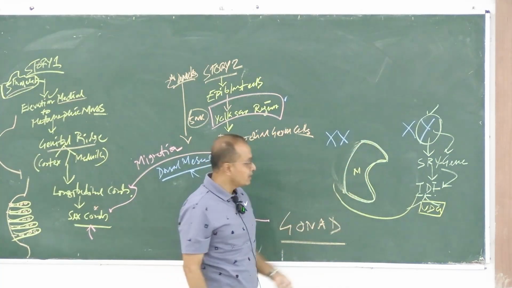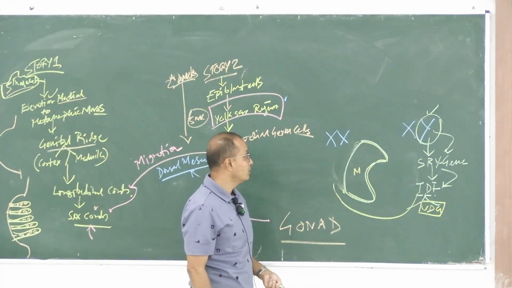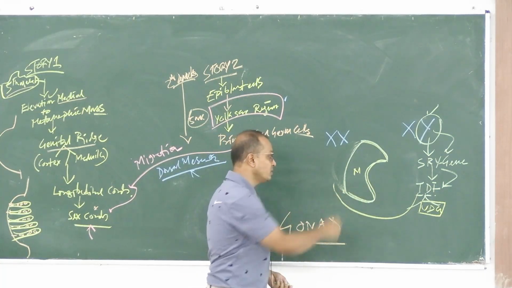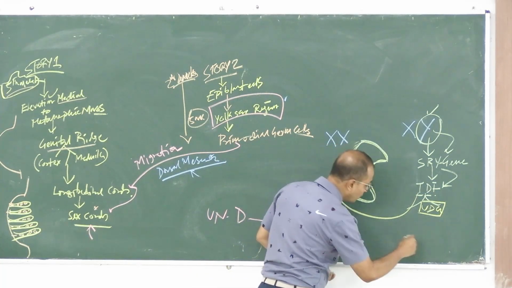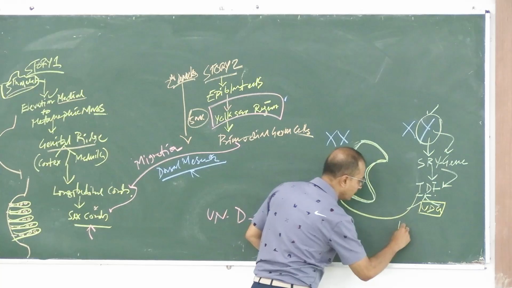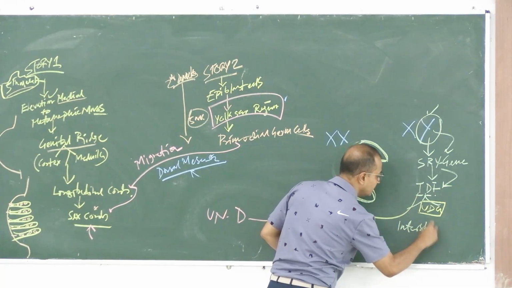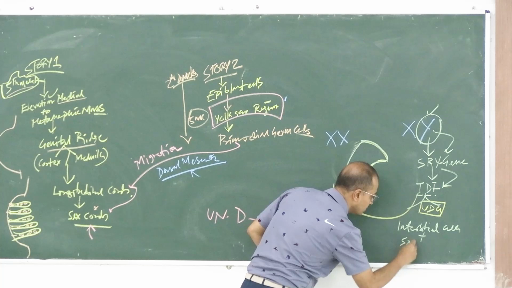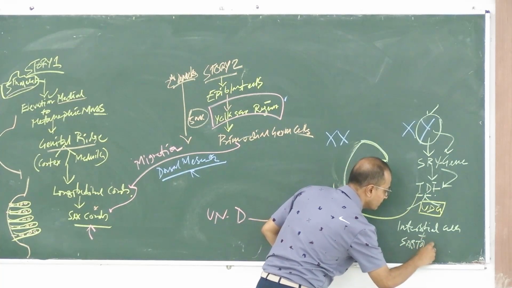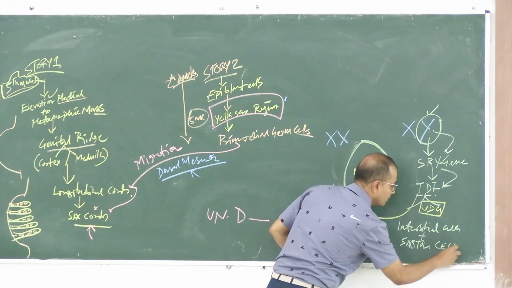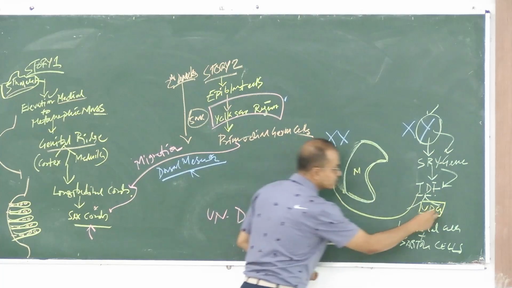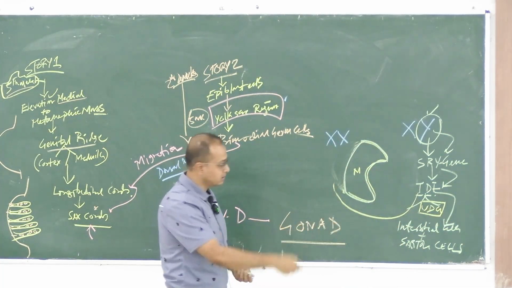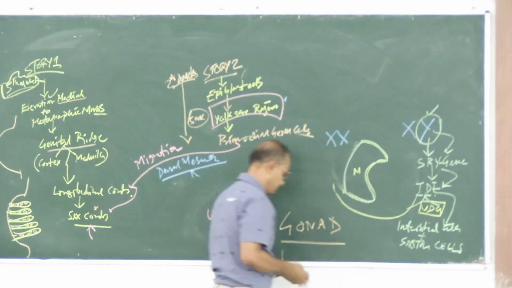So this medulla part of the ridge is there. Now, once this region of the undifferentiated gonad is there, the testis-determining factor stimulates the formation of interstitial cells plus Sertoli cells. So they produce this interstitial cell formation and the Sertoli cell formation.